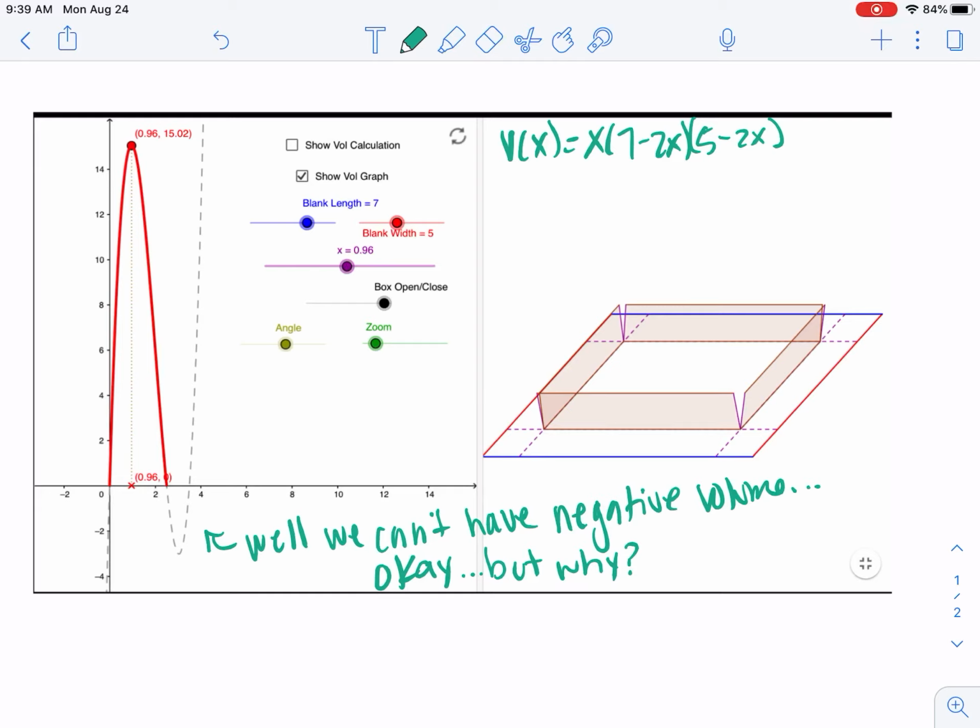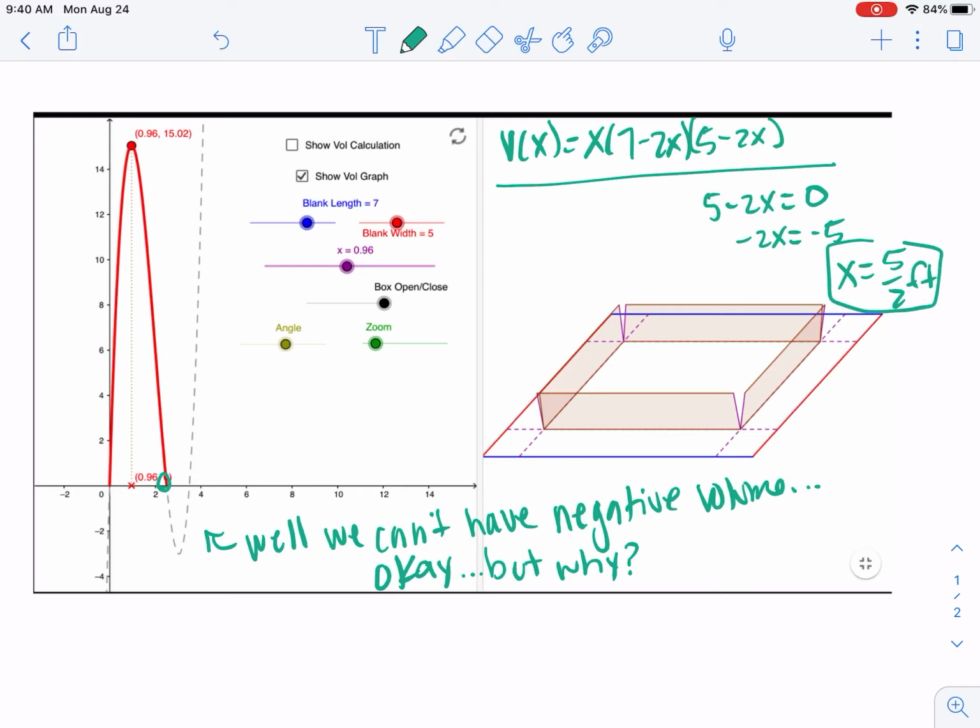If we look at this point here, and we look at our equation, that actual zero there would be 5 minus 2x equals 0, because we know that's how we find them. So negative 2x equals negative 5, so x equals 5 over 2 feet. That's what this zero here represents.